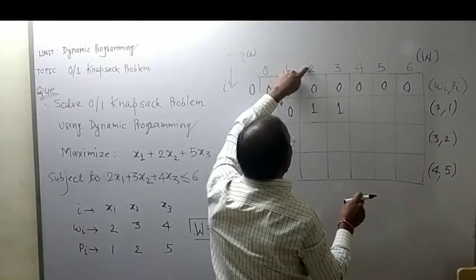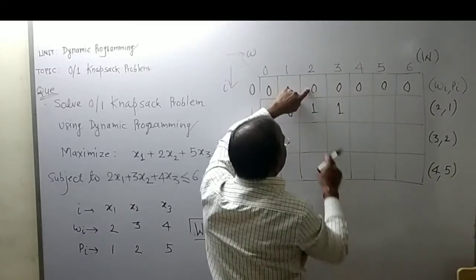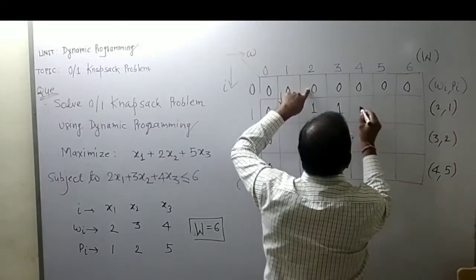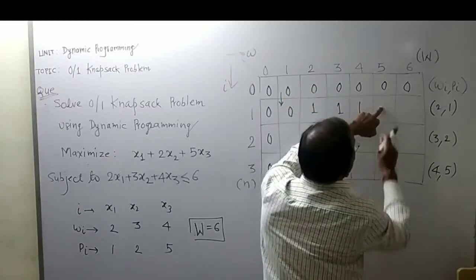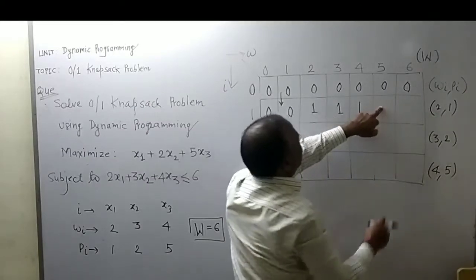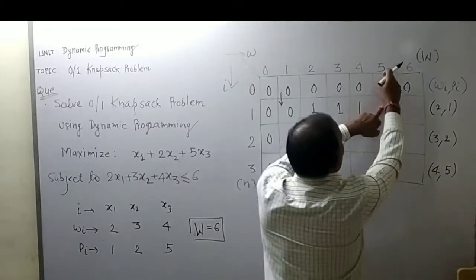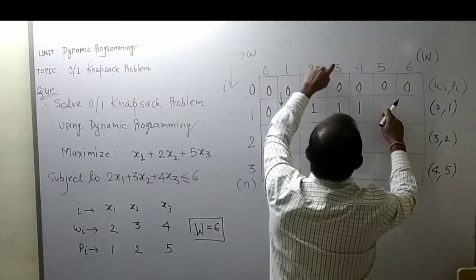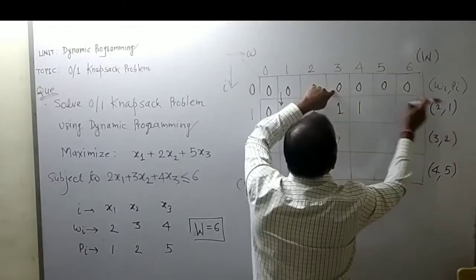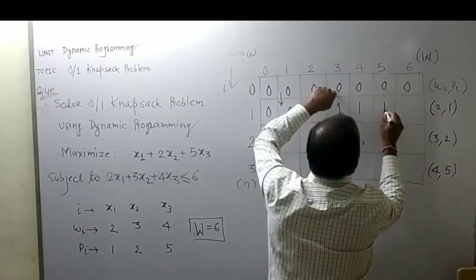That means this one, and the cell will be this cell. Here we have 0, add 0 with 1, you will get 1. For this, 5 is not less than 2, that's why find another column using 5 minus 2, that is 3, and the cell will be this, add 1 to this 0, you will get 1.